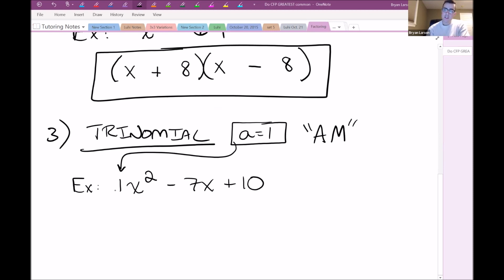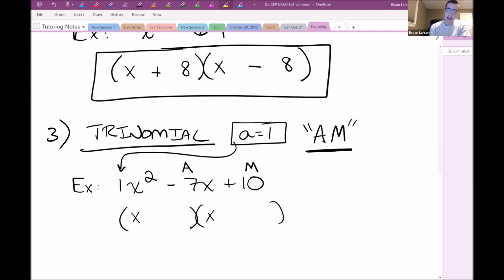So if it's just 1 in front, here's all you're going to do. You form your double bubble. We take the square root of the first term. Square root of x squared is just x. We put that down. And then we do the AM part of this. We need two numbers that add to -7 but multiply to a positive 10.